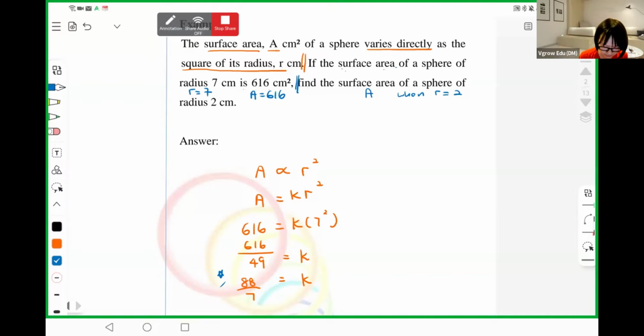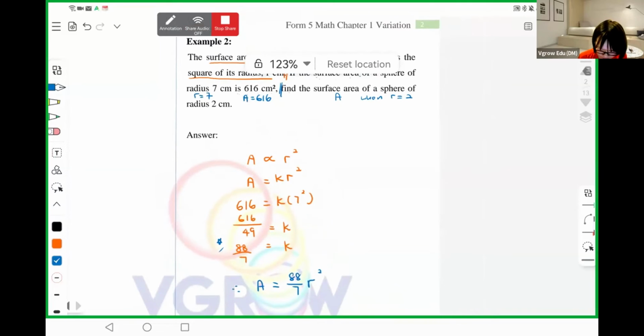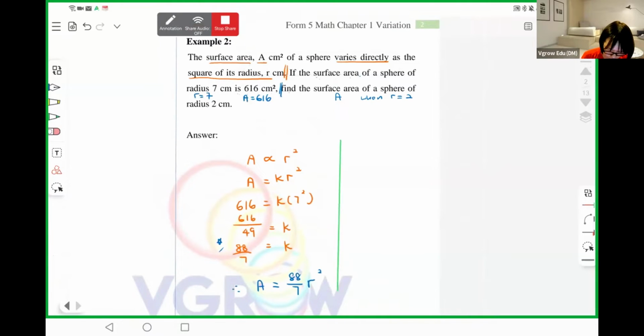So k equal to 88 over 7. Now we can write A equal to 88 over 7 r squared. Next, find the value of A when r equal to 2.